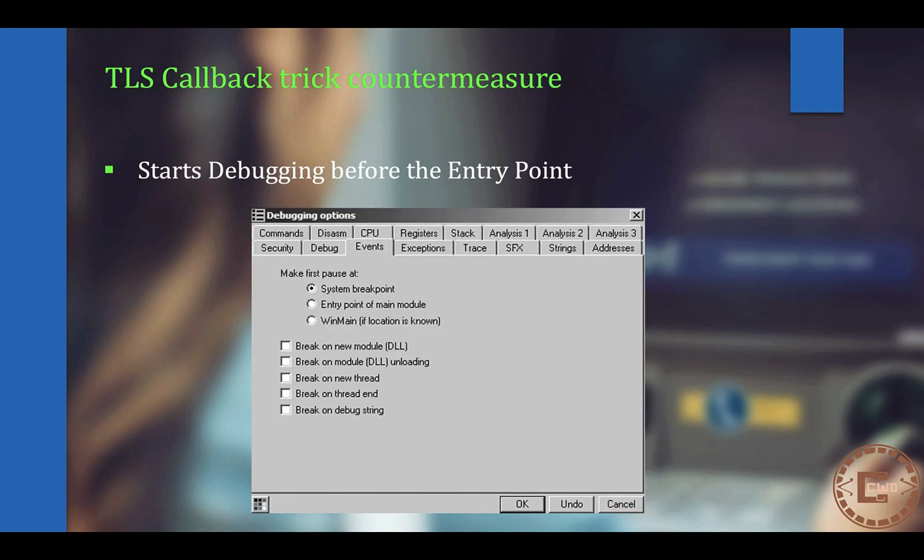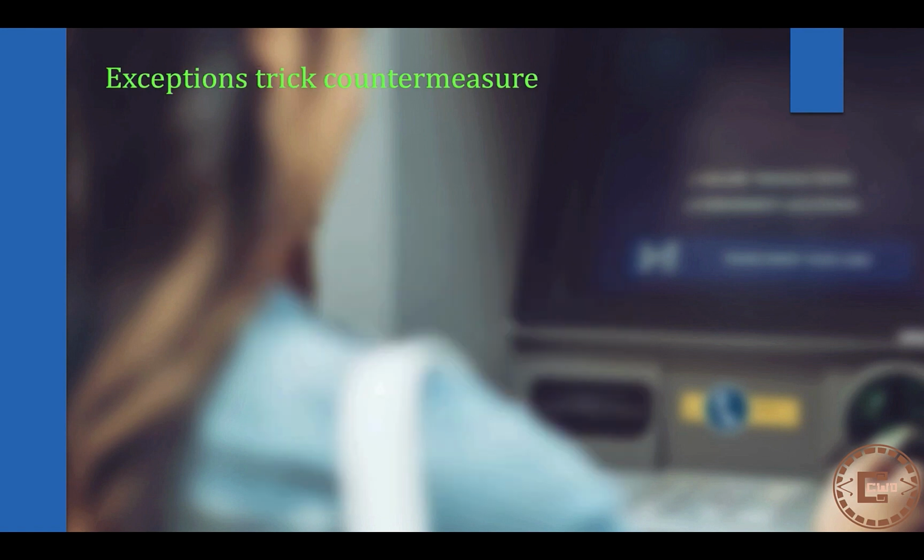Instead of running at the entry point of the main module, this is just a configuration in your debugger. You start at the system breakpoint instead of the entry point. That way you can break into the TLS callback instead of the entry point, and break into the very first instruction, which in this case is a TLS callback.